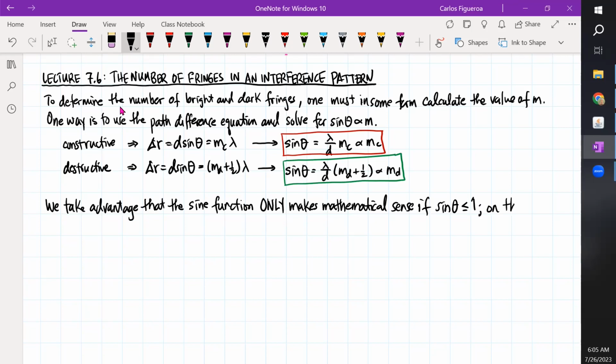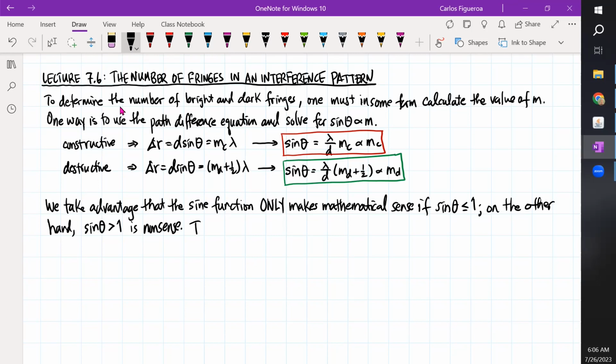On the other hand, sine of theta greater than 1 is nonsense. So what we're going to do is use the sine function and run a sequence until we violate sine of theta greater than 1.